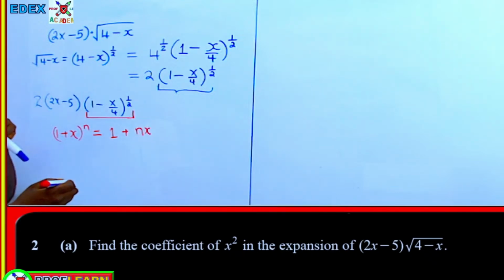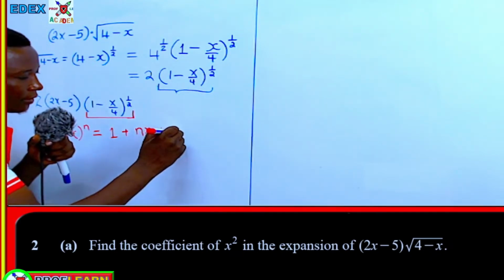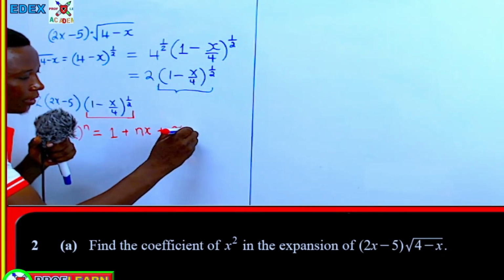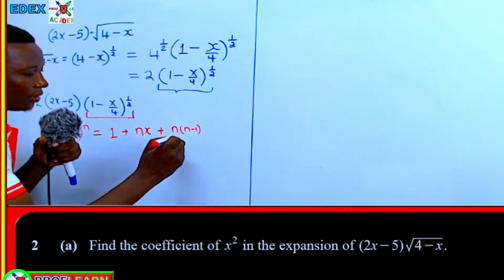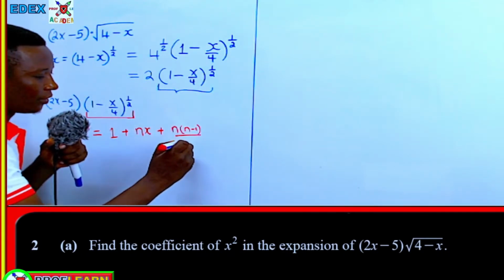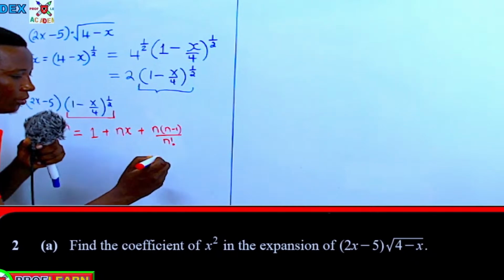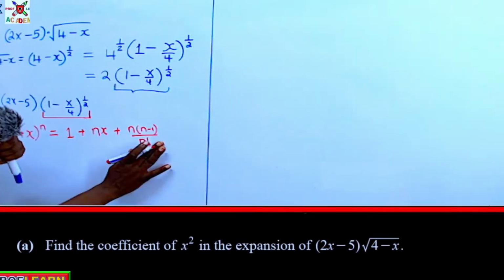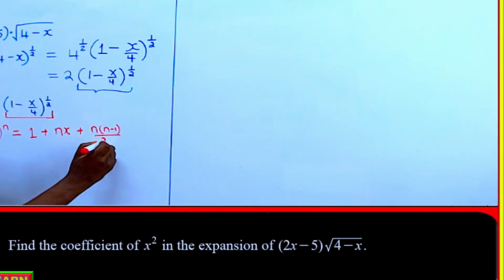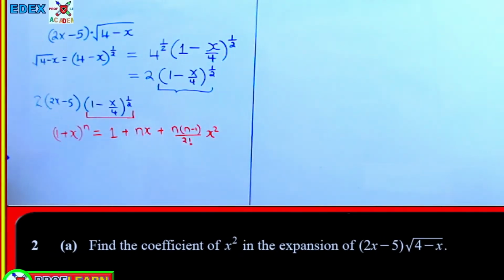The next term will be plus n into n minus 1 over 2 factorial, then x raised to power 2, right?